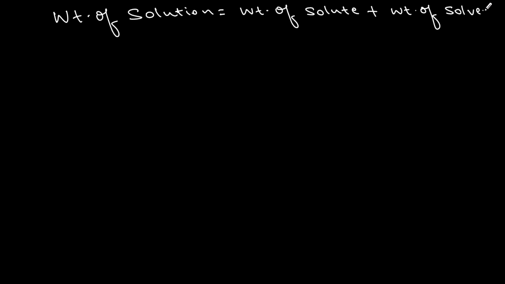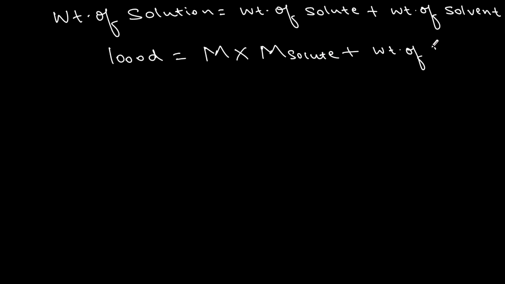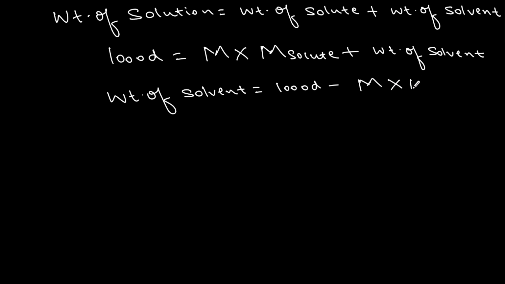Moving further, weight of solution is equal to weight of solute plus weight of solvent, right? So weight of solvent will come out to be 1000 d minus molarity times M solute, molecular weight of solute, right?